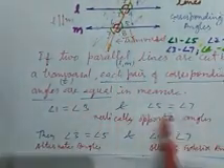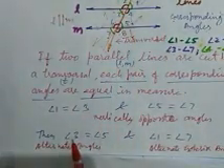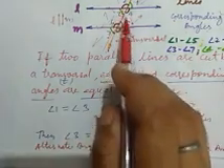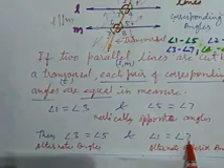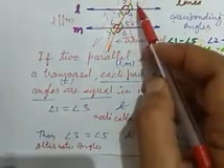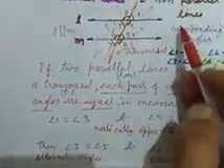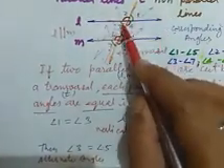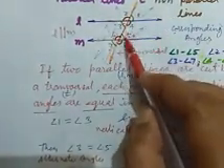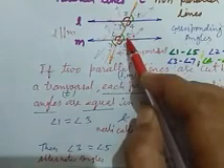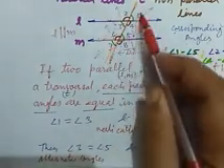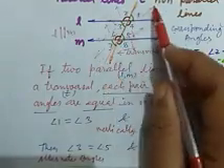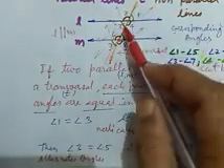By this information we receive that angle 3 and angle 5 are equal, and angle 1 and angle 7 are also equal. Here 3 and 5 are interior alternate angles, and 1 and 7 are alternate exterior angles because they are on the exterior side, and 3 and 5 are on the interior side.